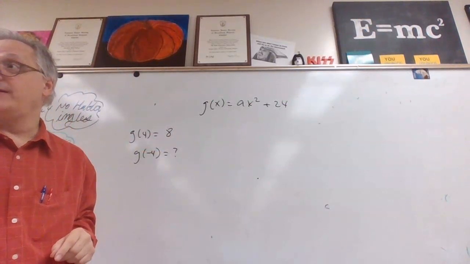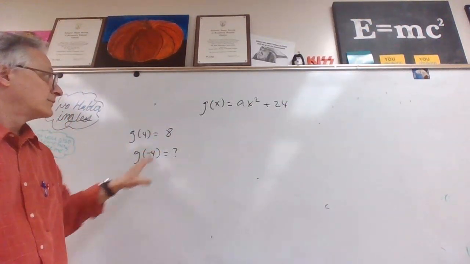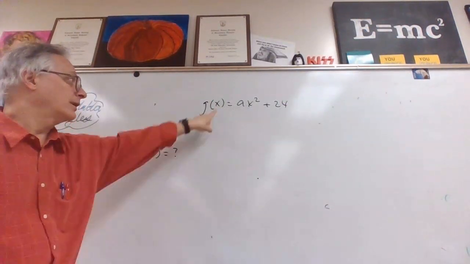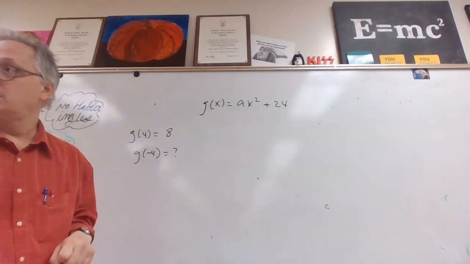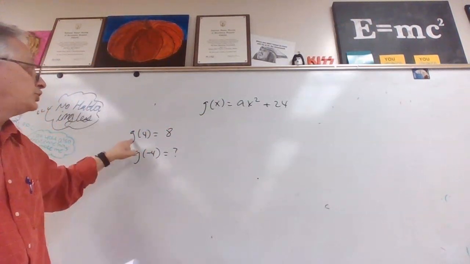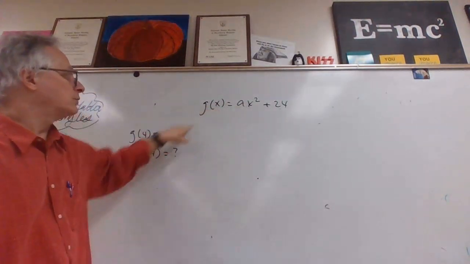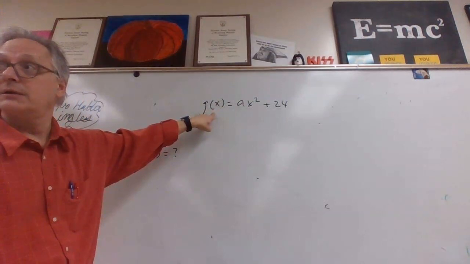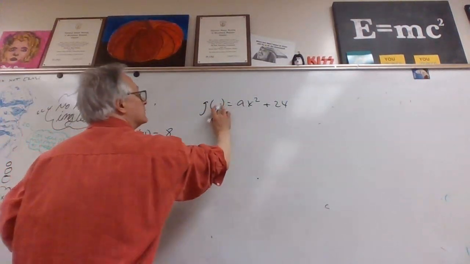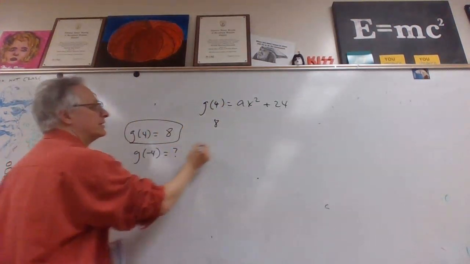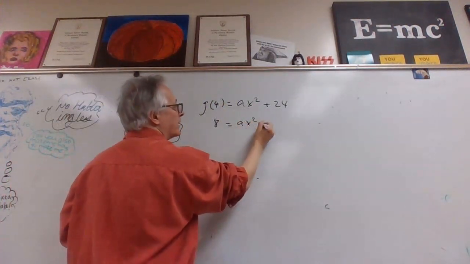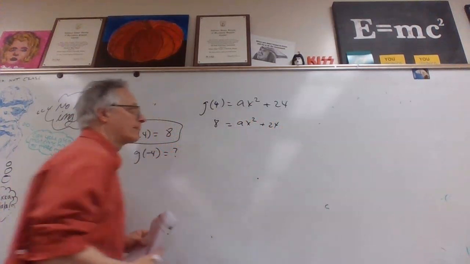A, right? So how are we going to get A? We're going to plug A in for our... Well, g of 4 equals 8. So g of 4 is also the same thing as 8, because this is a given condition. It's equal to ax squared plus 24.